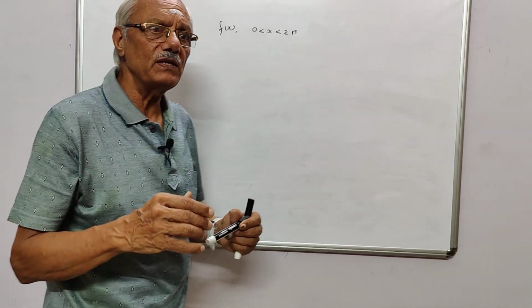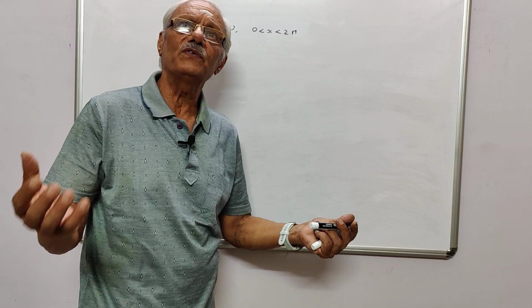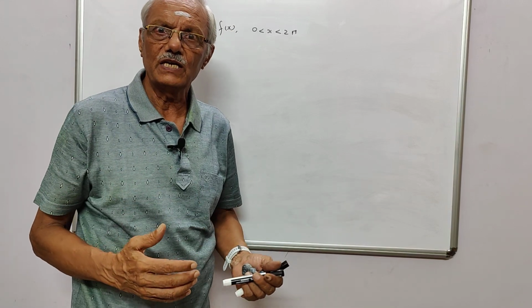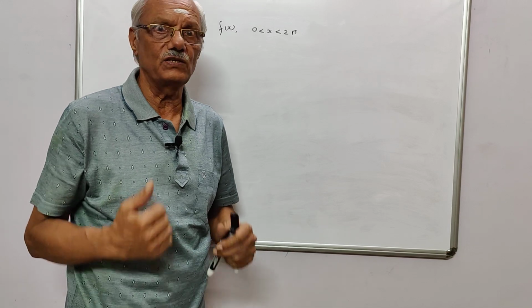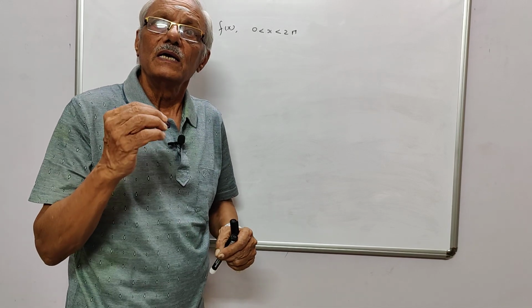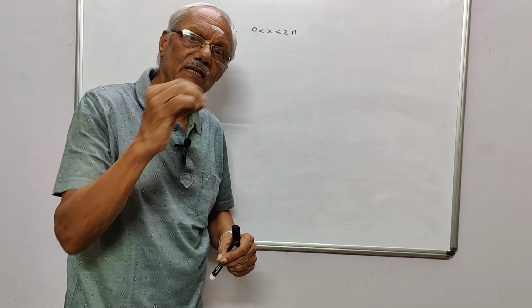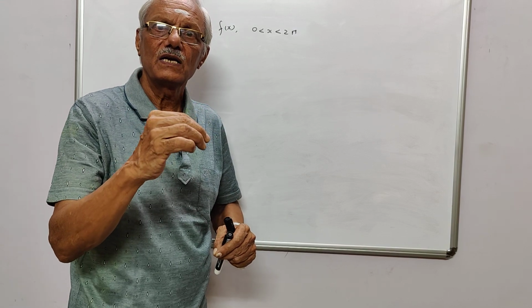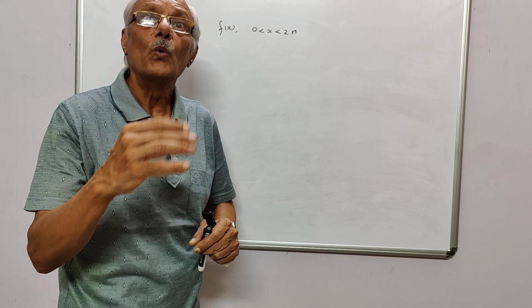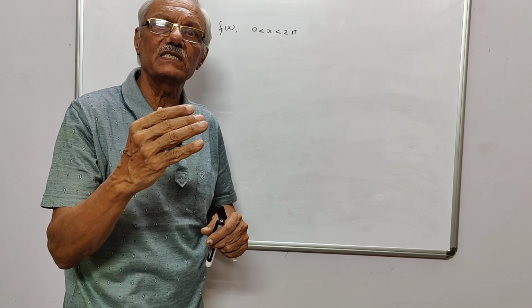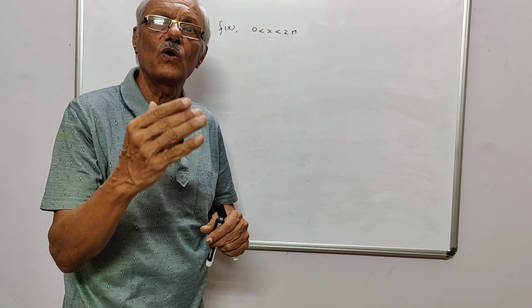But we should ask a question whether any function can be expressed in terms of sine and cos as a series. A function can be expressed as a series in sine and cosine only when it satisfies the conditions of Dirichlet.